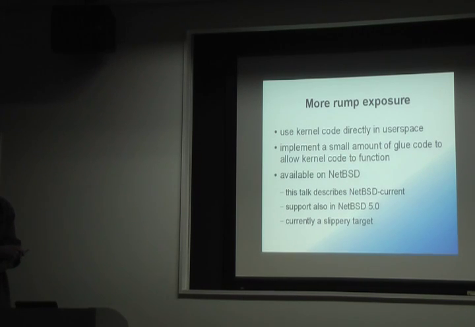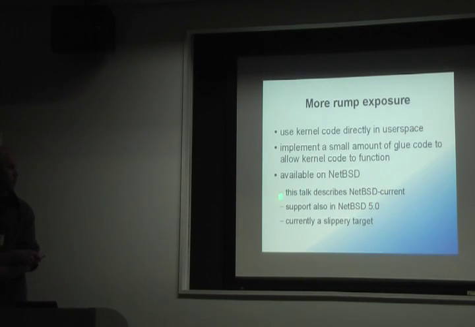And the system is available on NetBSD. It requires quite a bit of changes to the source tree, which have been going in over the past 1.5 years. So the idea is portable, but porting it isn't necessarily very easy.